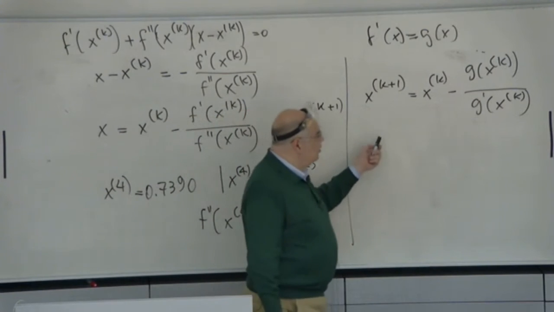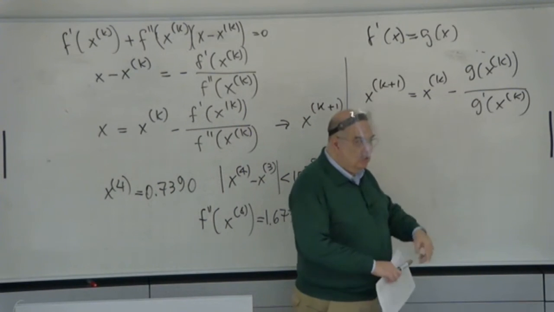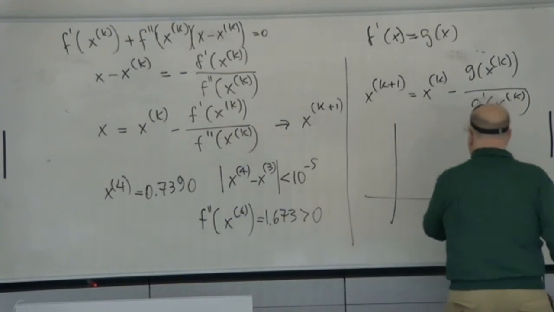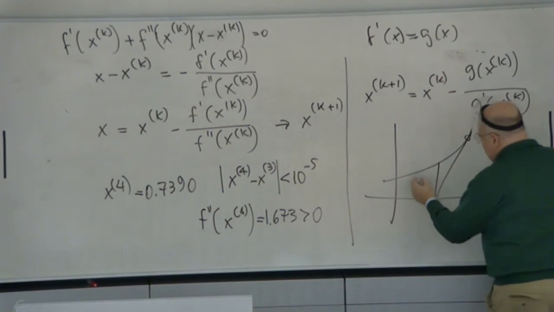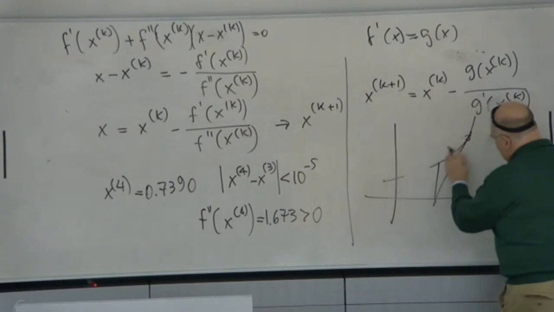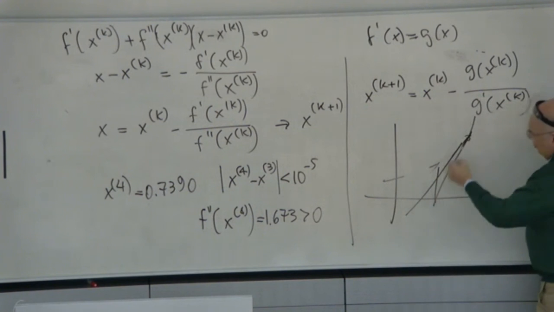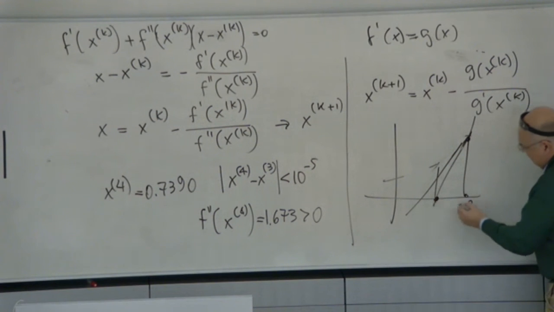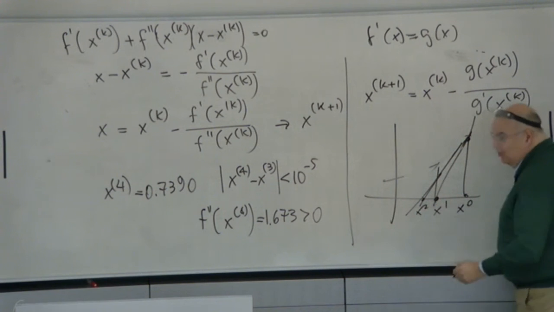This is sometimes even taught in high school. It's called the tangents method for solving equations. Essentially, you start at a point, you take the tangent, and you go down. So you have a function like this. You start at the point here, you take the tangent, you cross the tangent with the x-axis, and you get the second point, so this is x0, this is x1, then you take the tangent, this is x2, and so on.